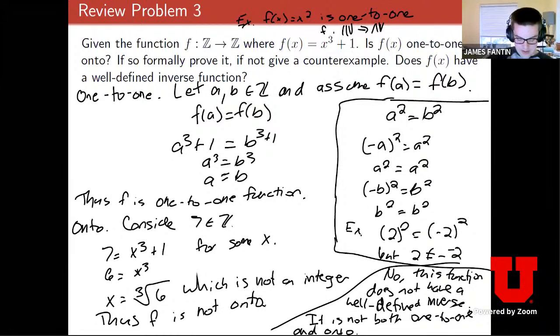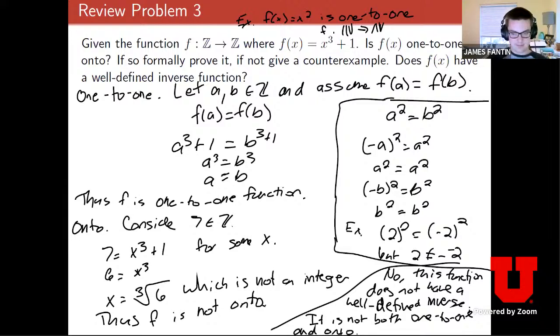Any questions on this problem, on the part about onto or why this function doesn't have an inverse? In general, it's not going to have an inverse if it's not one-to-one and onto.